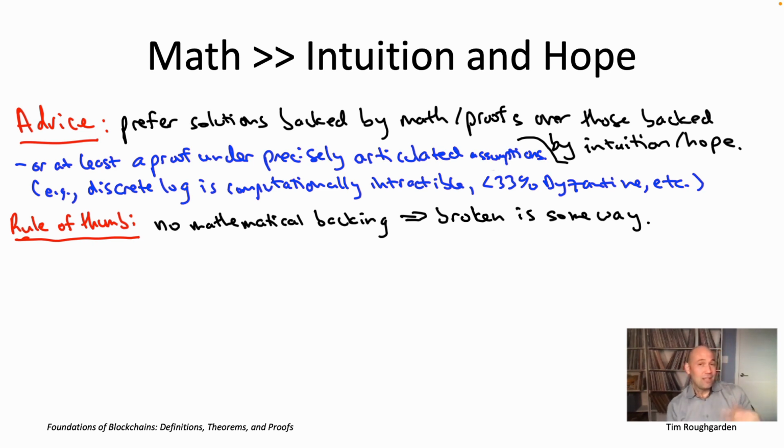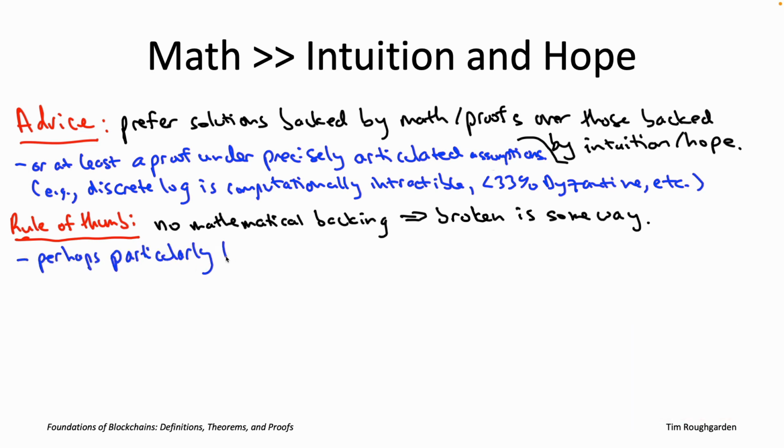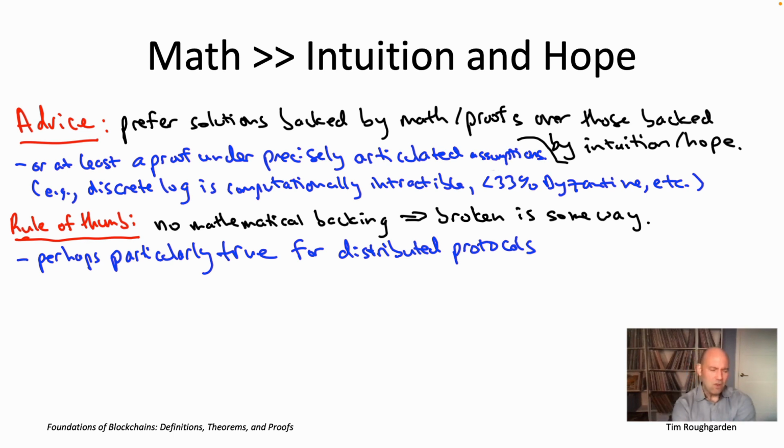So that's with algorithms, and I actually think this rule of thumb is even more important when you're talking about distributed computing. When you're talking about protocols running on potentially thousands or more nodes scattered all over the globe. So I hope that at this point you have a quite visceral appreciation for this point, having just in the last lecture, lecture 7, gone through the Tendermint protocol as well as its proofs that it satisfies liveness and consistency.